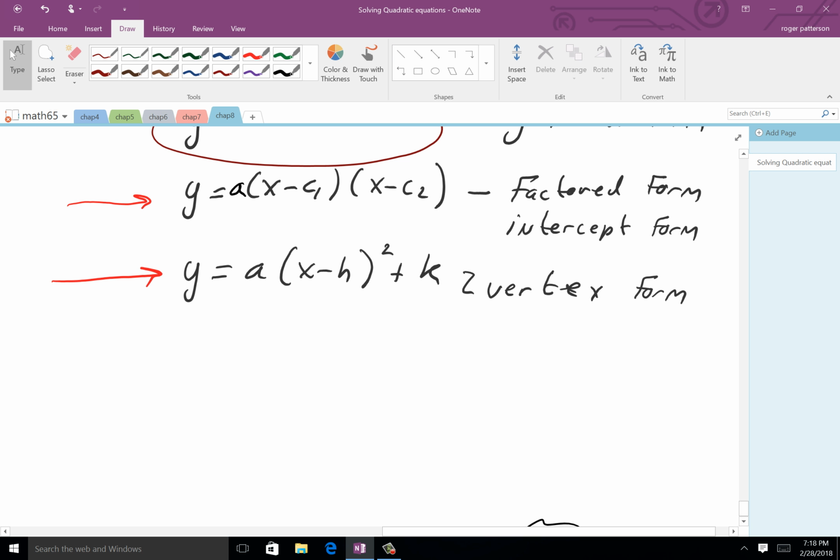It's going to give you the vertex. That's why it's called vertex form, because it gives it to you. So if you have an equation written in that form, you know where the vertex is. This tells you whether it's opening up or down. You can graph it, and you don't need to type it in at all.